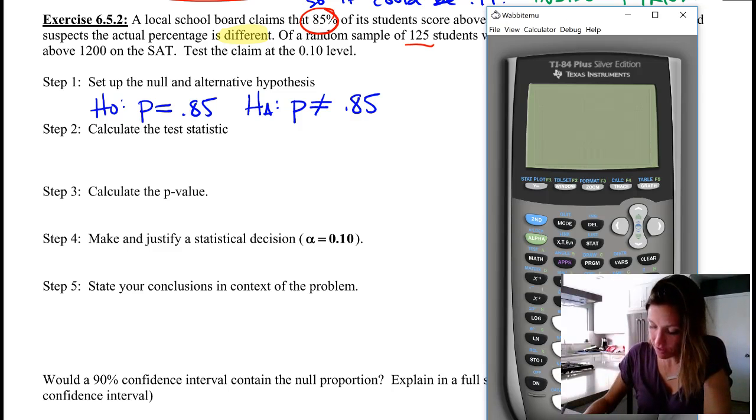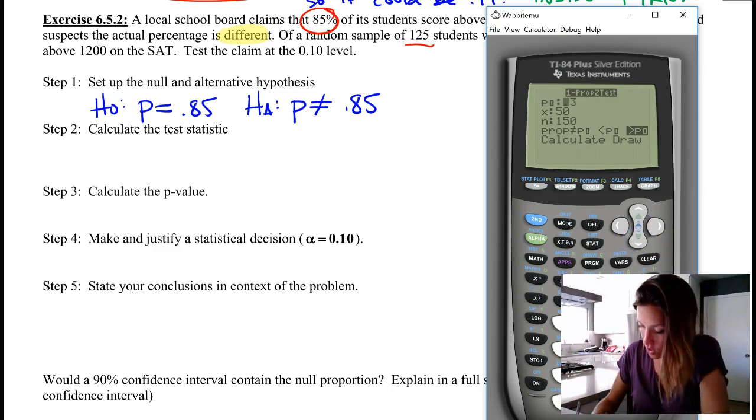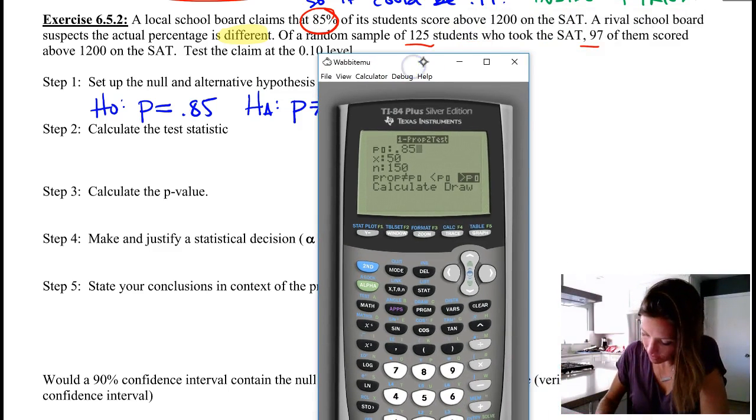Again, since we did enough problems working through all the steps, I'm just going to use the calculator shortcut here. We have stat over to tests, 1 prop z test again. We want to know how different is 0.85 from our value if we have 97 successes out of 125 students.